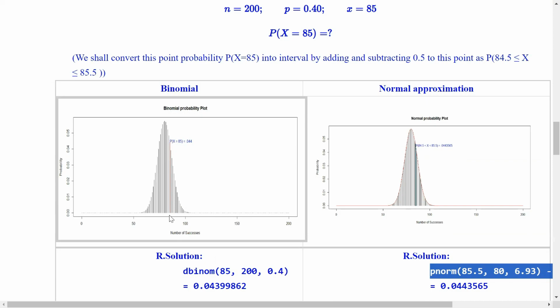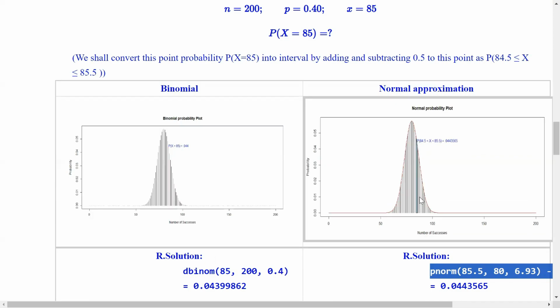Equivalently, in this normal distribution figure, the point 85 is changed to an interval that ranges from 84.5 to 85.5. The probability measure is the area included in the interval below the smooth curve.